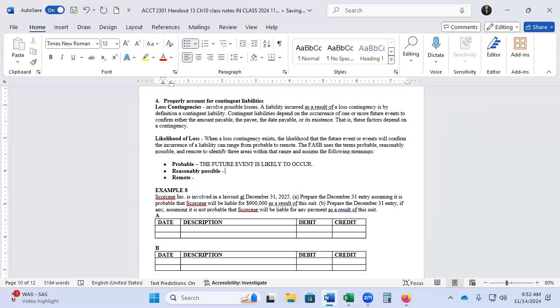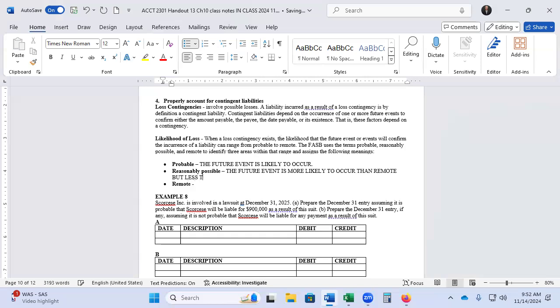Reasonably possible is that the future event is more likely to occur than remote, but less than probable.